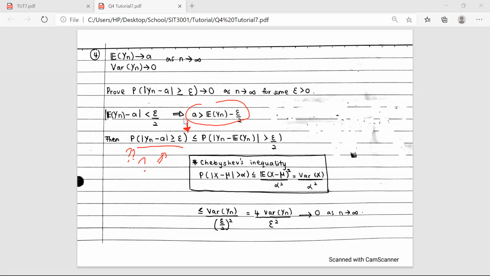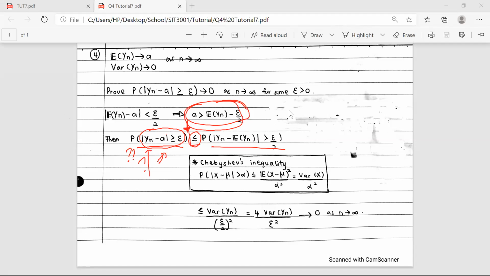You say a is larger than this, but this is just relating a with these quantities. How do we know that this probability is therefore bounded by this? This step will involve some kind of rearrangement here. But once you have the rearrangement, why would I know that the left hand side is less than or equal to the right hand side? It's mysterious, right? I think this thing shouldn't be here.